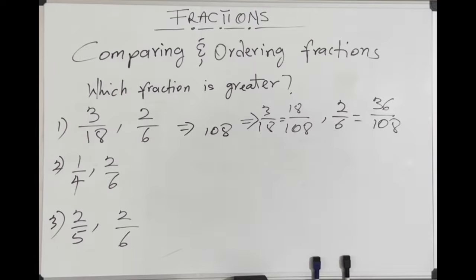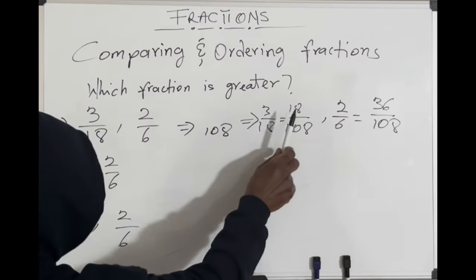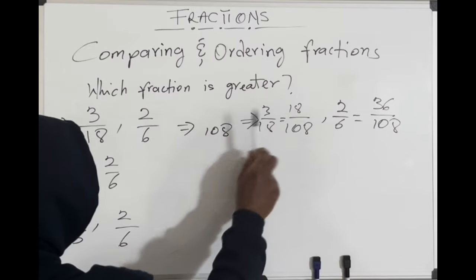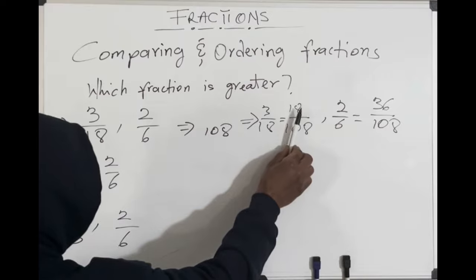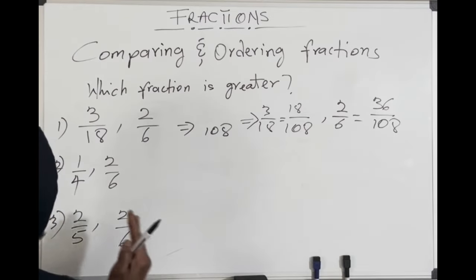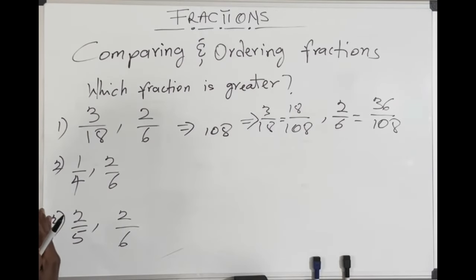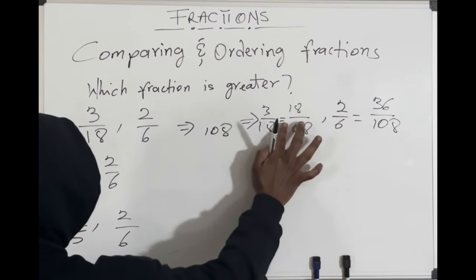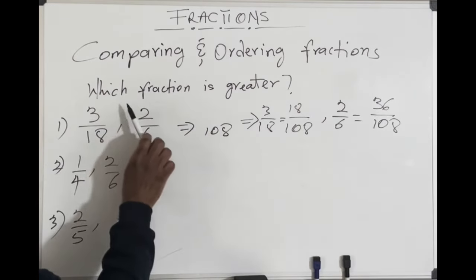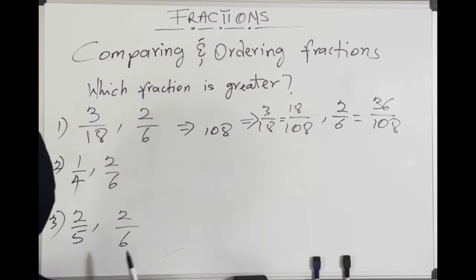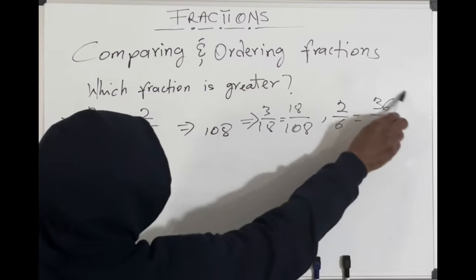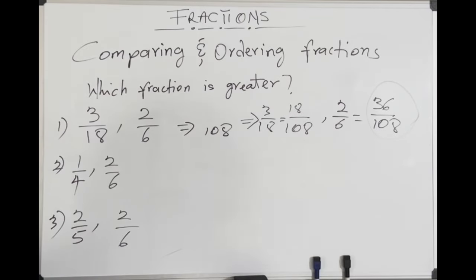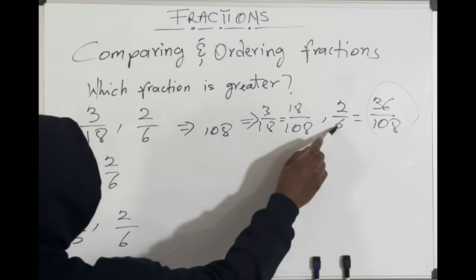And then if you remember, I made mention that whenever a numerator is less than the other, that means that very fraction is what should be brought first, because if you are working from ascending, that will be the first, and then we move on. So this question is, which fraction is greater? 18 over 108, 36 over 108. It is definitely 36 over 108, so 2 over 6.